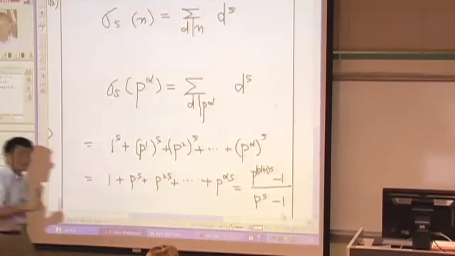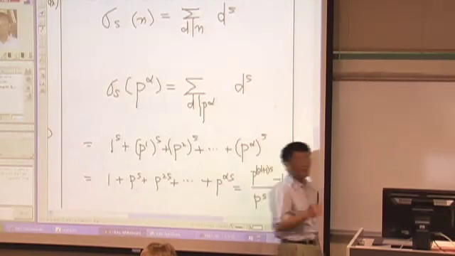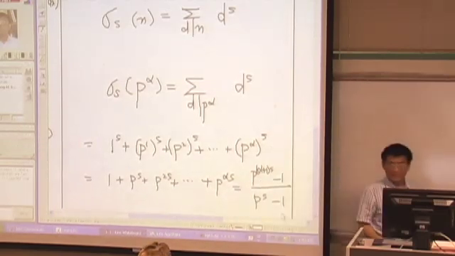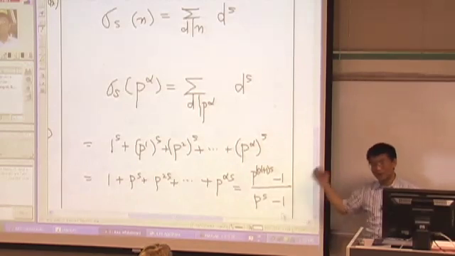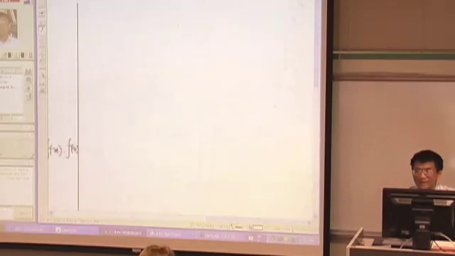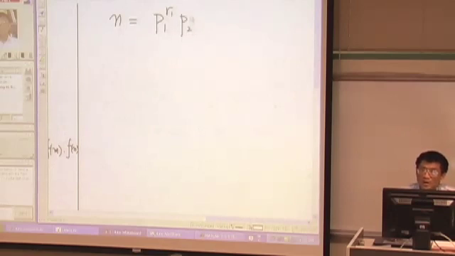Then with this, I can write down the formula for sigma sub s. If you have a question, stop me. If you don't, then I will go to the next column. So let's find the formula for sigma sub s when n is decomposed into p1 to the k1, p2 to the k2, and so on up to pr to the kr. People use k, so I will use k.